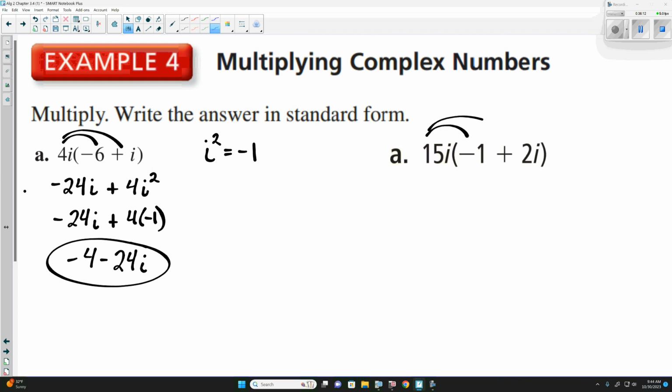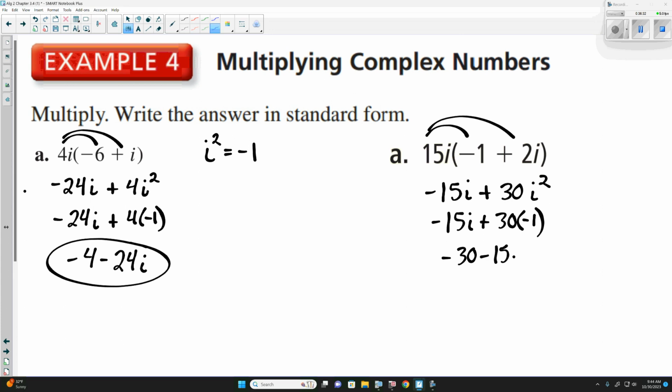Because if we did this by hand, 15i times negative 1 would be negative 15i. 15 times 2 would be 30, and i times i would be i squared. Now i squared is indeed negative 1. Our positive 30 times negative 1 would be negative 30, and then our minus 15i. Questions on this here?